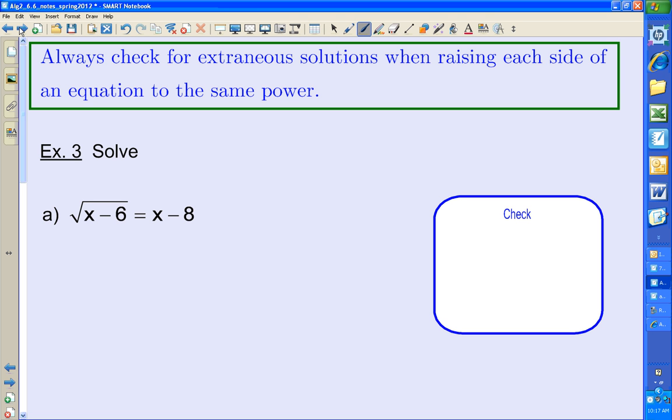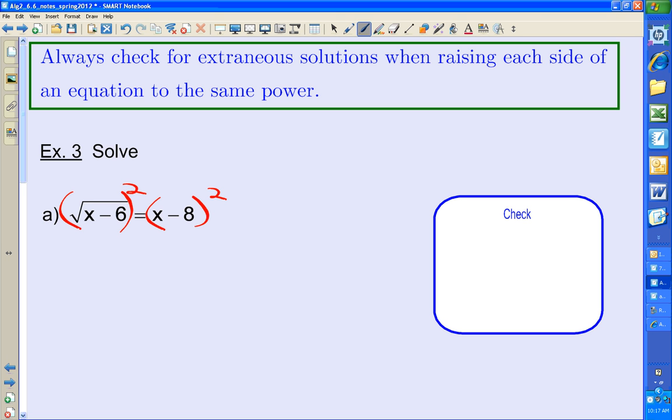So when you're doing this, you really have to be checking your answers, because this is where you end up with a quadratic and you get multiple solutions here. So I have the radical isolated, so I want to take both sides and square them.